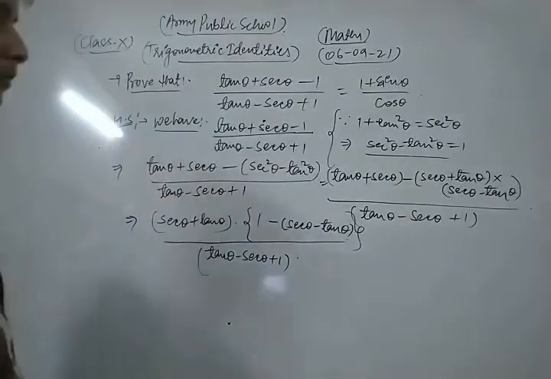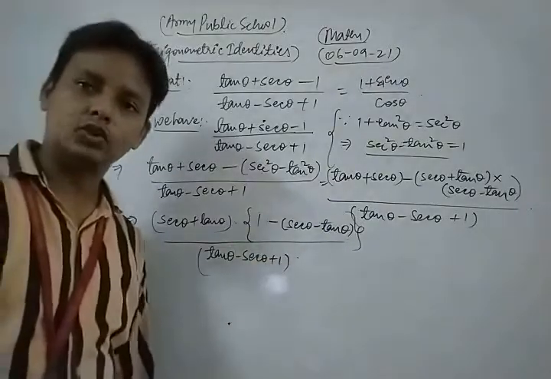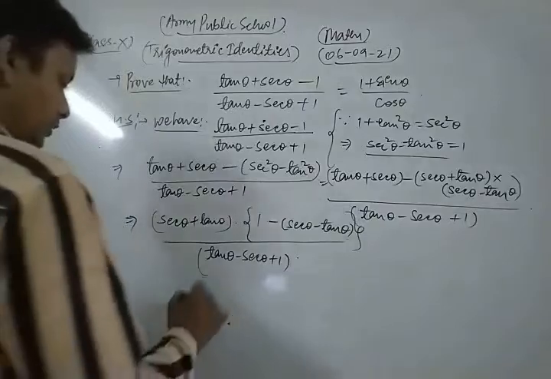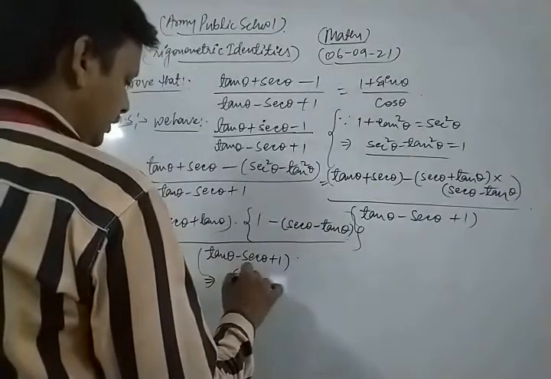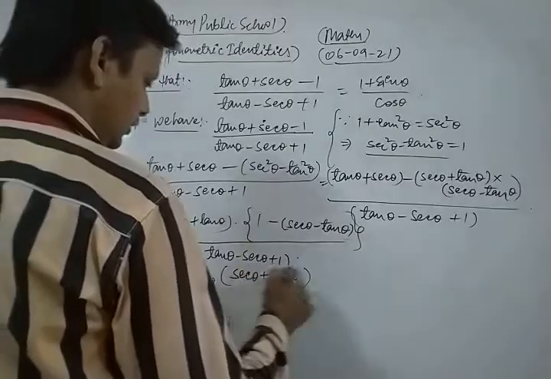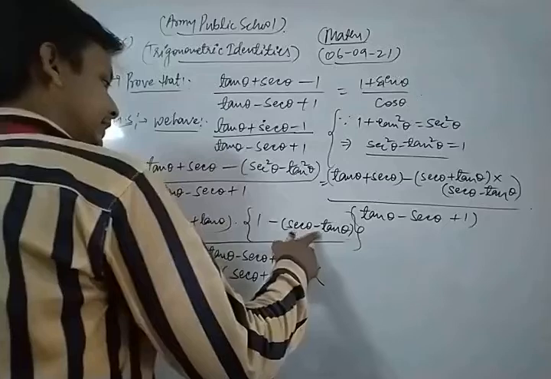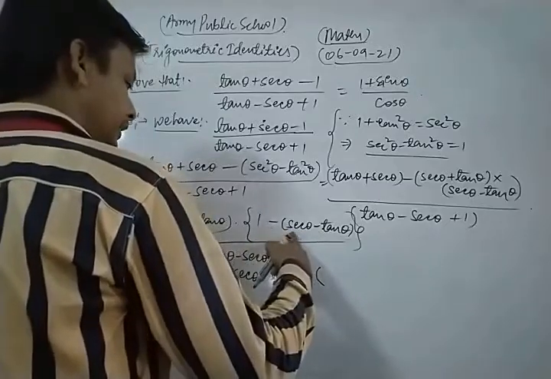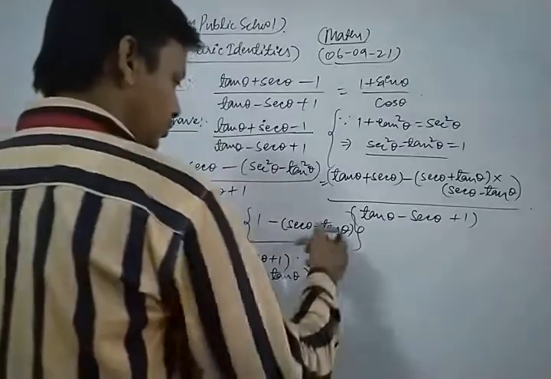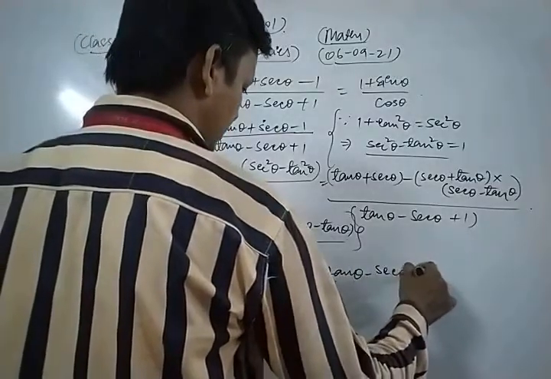Now we break the brackets in the numerator. We get sec theta plus tan theta in one bracket, and in the other bracket, minus sec theta plus tan theta, that is tan theta minus sec theta plus 1 as it is.